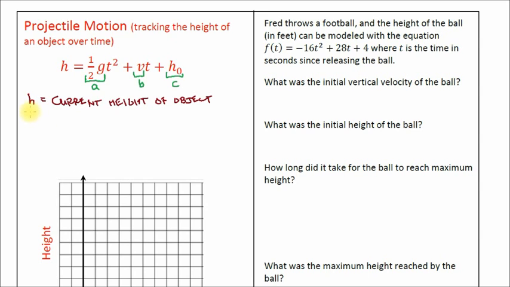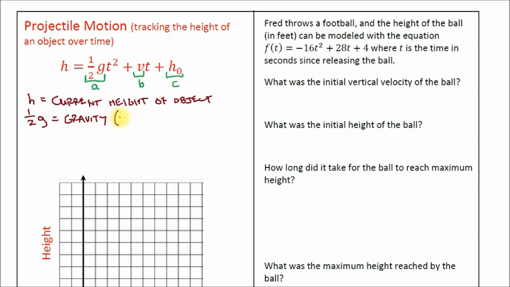Alright, let's take a look at 1/2 of g. G is actually gravity. So this stands for the effects of gravity, and the reason it's negative is because the parabola is going to be upside down. Our a value is going to be negative. Usually gravity is measured with 2 units of measure, either the height in feet or the height in meters.